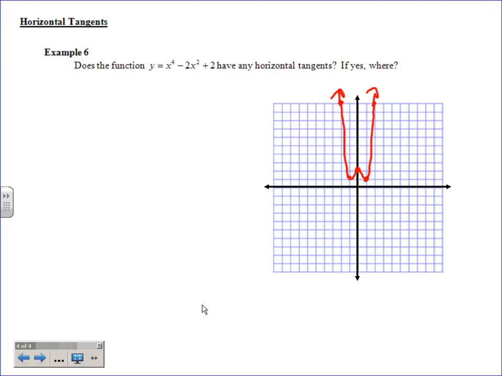Do you see any places that would have a horizontal tangent? Yes or no? Yeah, how many do you see? I see 3. I'd say, wouldn't you agree that as these come in this way, they do work towards that?